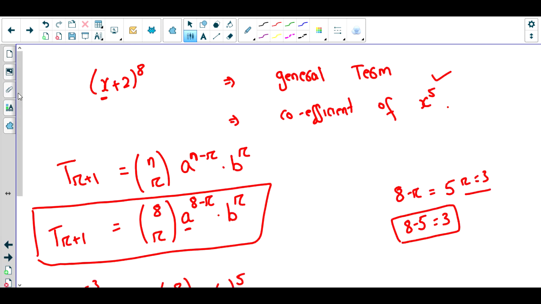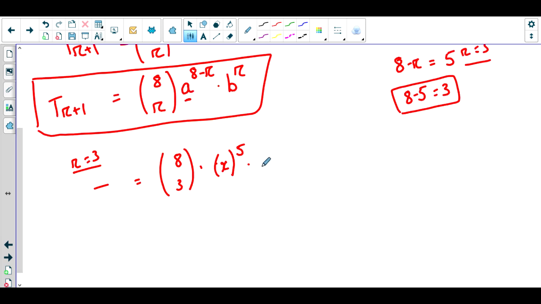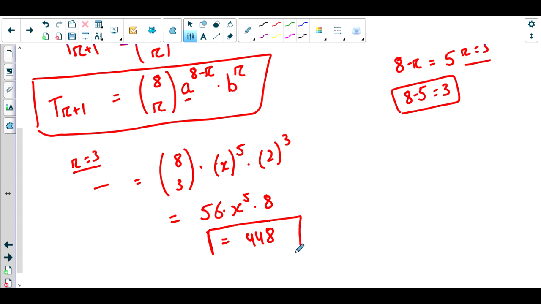Our b value is 2, so we keep 2 power 3 because our r is 3. So when you solve this, 8 C 3 is how much? It is 56. 56 x power 5 into 2 power 3, which is 8, so the coefficient will be 448. So the coefficient of the x power 5 term is 448.